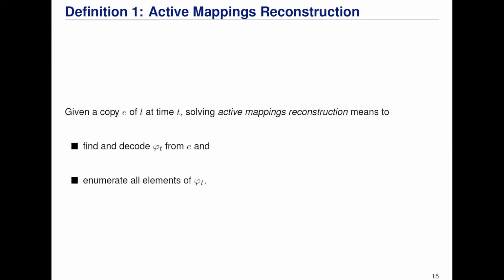Then we have our first definition, which is the active mappings reconstruction. Given a copy of the evidence of the lower layer at time t, solving the active mappings reconstruction means that we find and decode phi_t from the evidence and enumerate all elements of phi_t. So this is the easy case where everything is mapped.